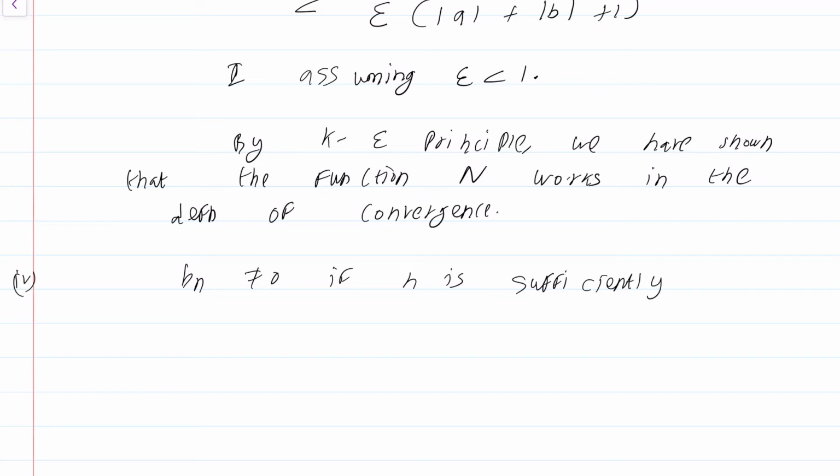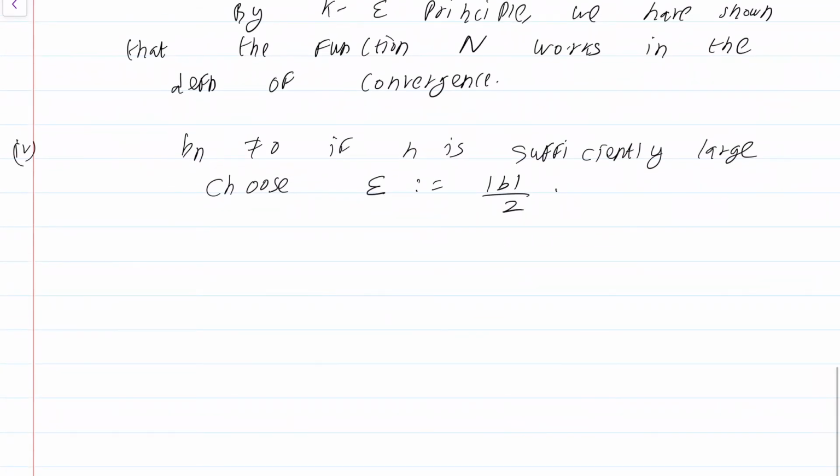Now choose epsilon to be defined to be |b|/2. Okay, then we know that |b_n − b| is less than |b|/2 for suitably large n, right?